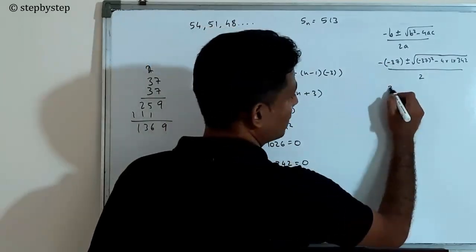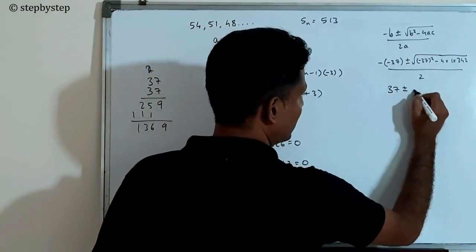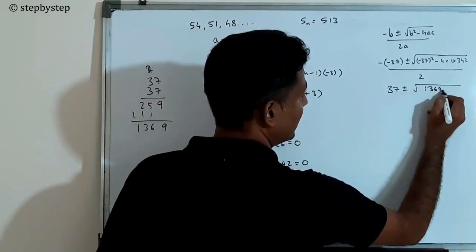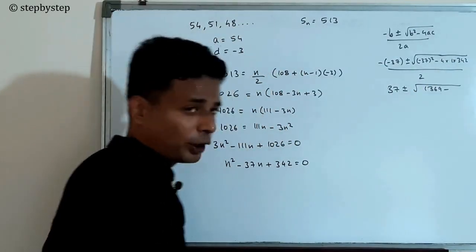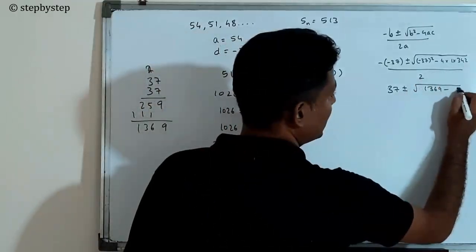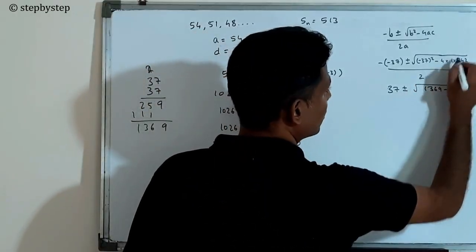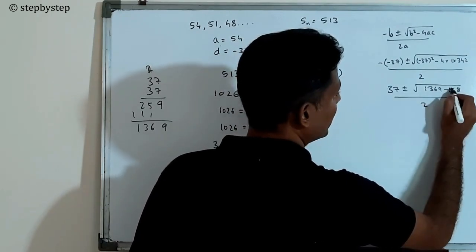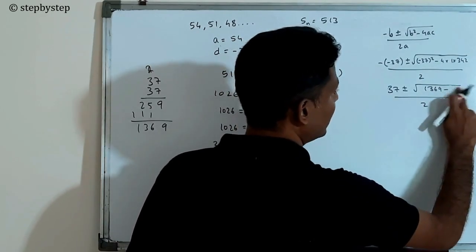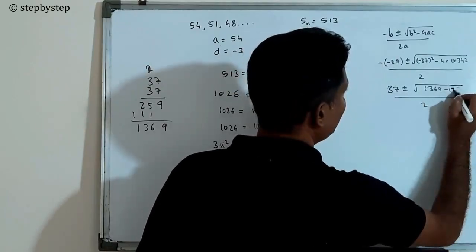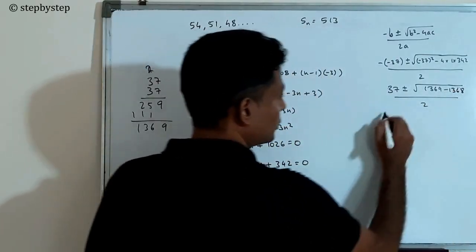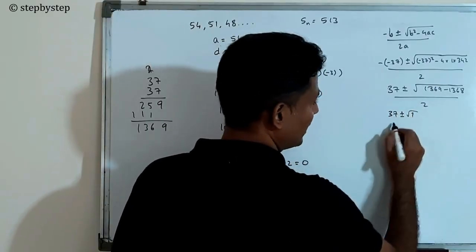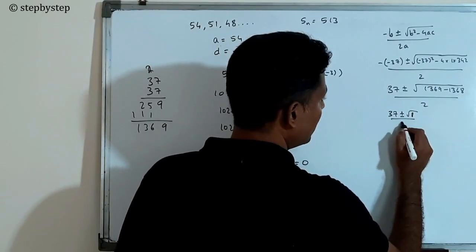Here minus into minus becomes plus, so 37 plus or minus root of 1369 minus 4 into 342, which is 1368, by 2. So I get 37 plus or minus root 1369 minus 1368, root 1, by 2.